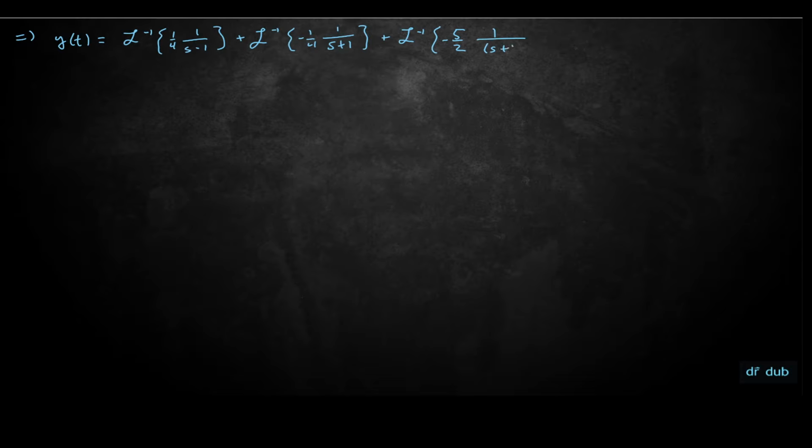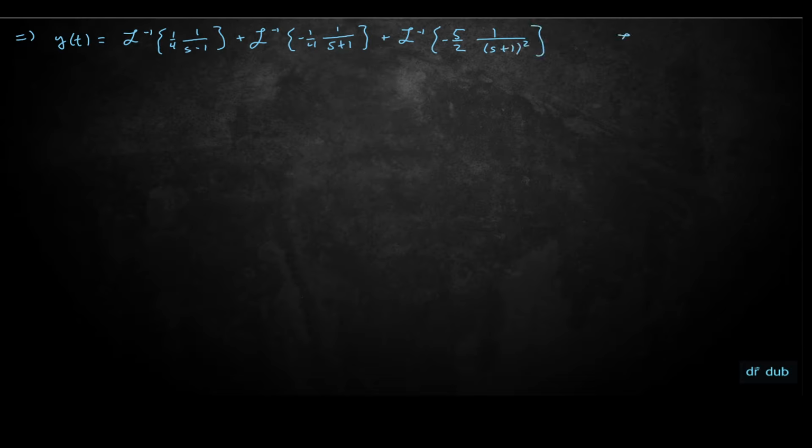So then y of t is going to equal Laplace inverse of 1 over 4, 1 over s minus 1, plus Laplace inverse of negative 1 over 4, 1 over s plus 1, plus Laplace inverse of negative 5 halves, 1 over s plus 1 squared.